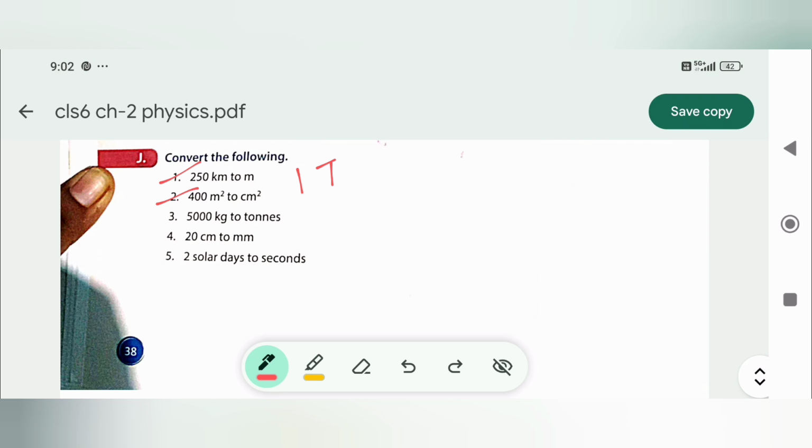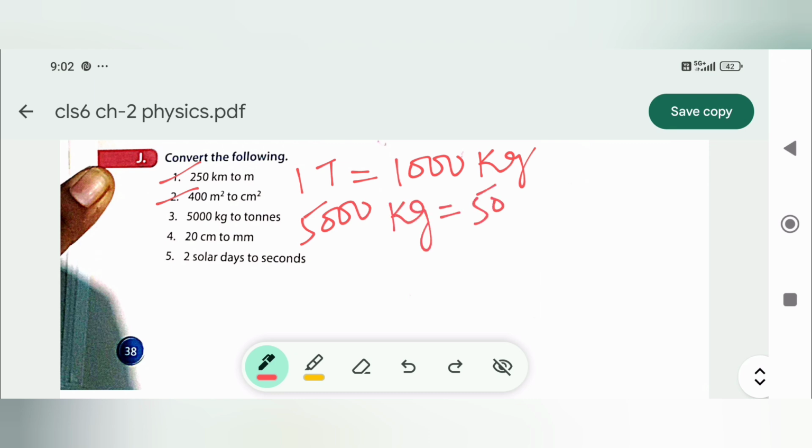1 ton is equal to 1000 kg. So 5000 kg is equal to 5000 by 1000 tons, the zeros get cancelled, so we are left with 5 tons.